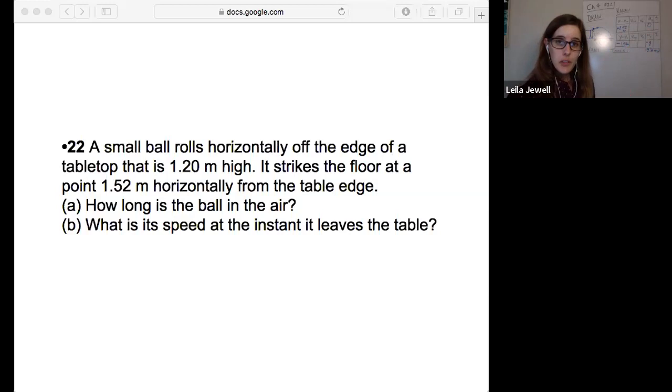But there's another clue tucked into this problem, some implicit information, and that's when it says it rolls horizontally. If it's rolling horizontally, that tells you something about the initial velocity. What does it tell you? It tells you the initial velocity is purely horizontal. If this is our initial velocity back here, then it is only going in the x direction.